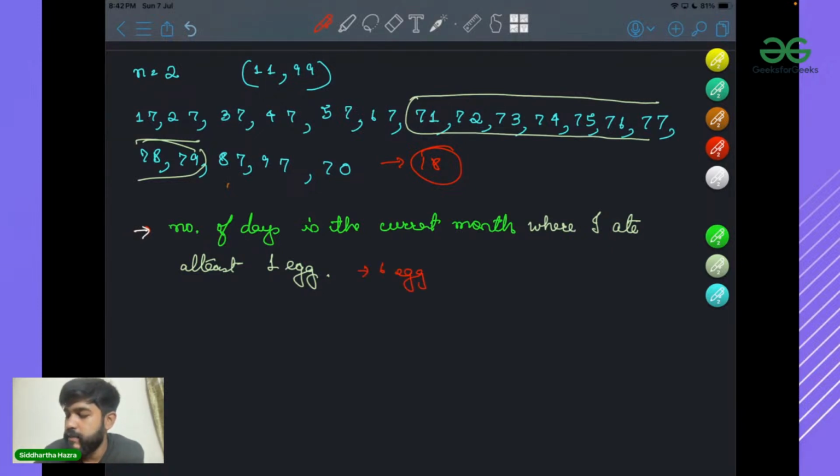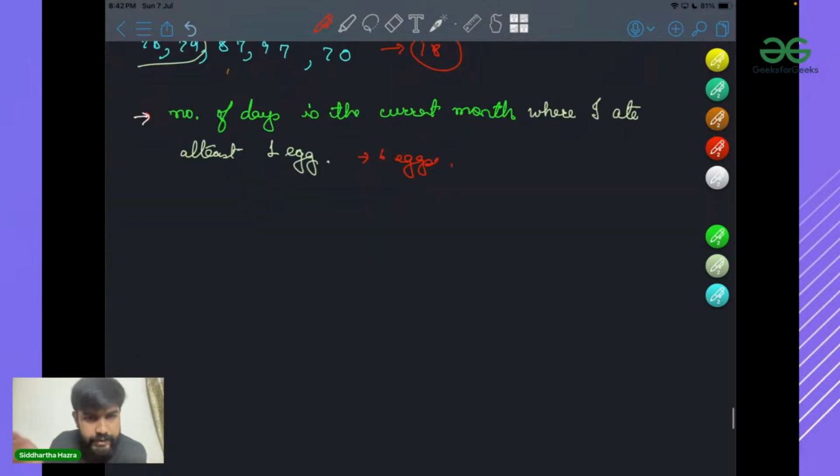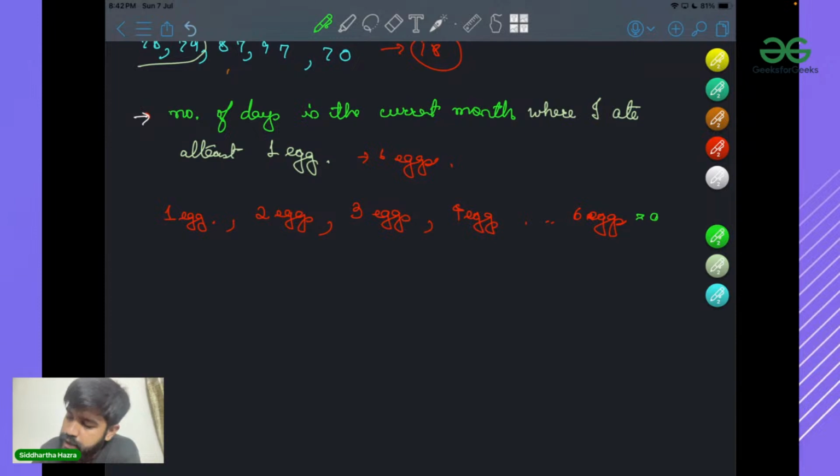Let's say generally I eat a max of 6 eggs in one day. So what I did was I started to find out how many days I ate one egg, how many days I ate two eggs, three eggs, four eggs, similarly till 6 eggs, and the summation of this would be the answer to what my mother is asking.